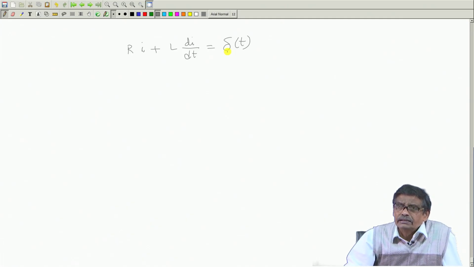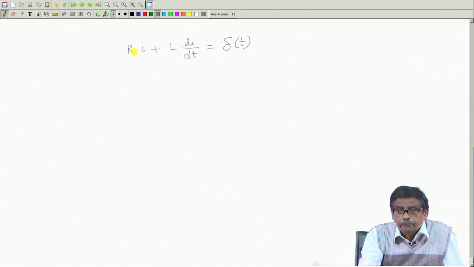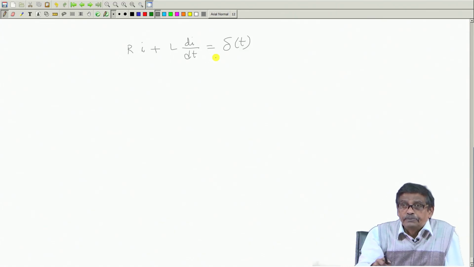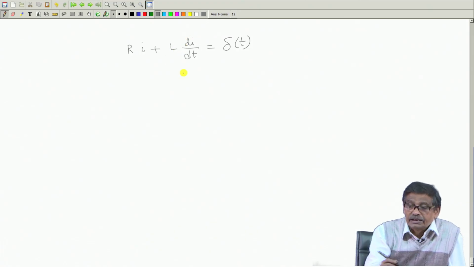Maybe the response of the current is also an impulse, who knows. If the response of the current is an impulse, then d dt of delta t, delta dot t, will also appear on the left hand side. So, how can it balance the right hand side? Therefore, a step change of current has to take place, so that di dt becomes an impulse. That is what has happened.